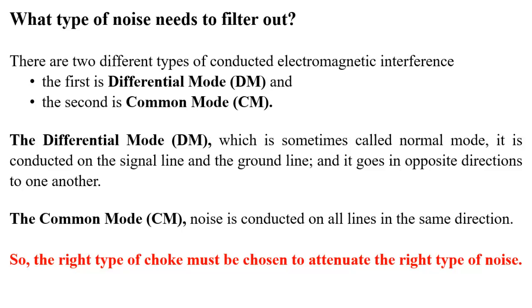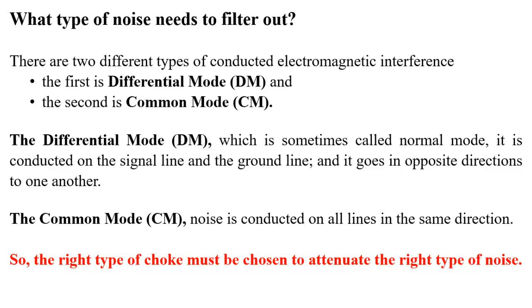What type of noise needs to be filtered out? There are two different types of conducted electromagnetic interference. The first is differential mode, DM, electromagnetic interference, and the second one is common mode, CM, electromagnetic interference.